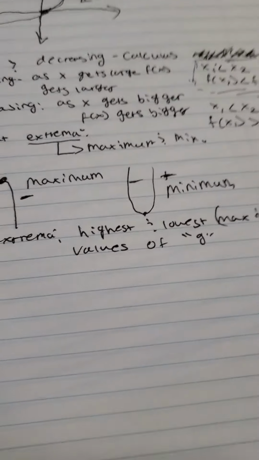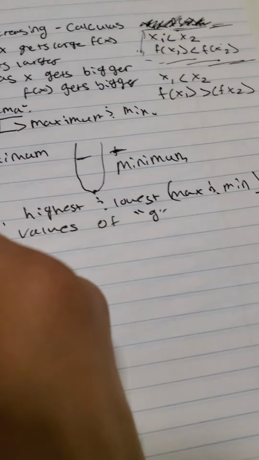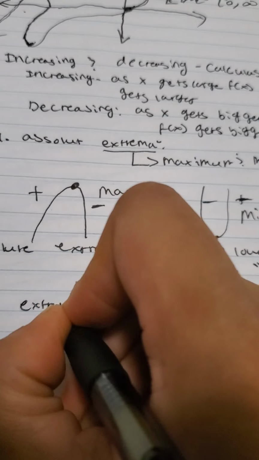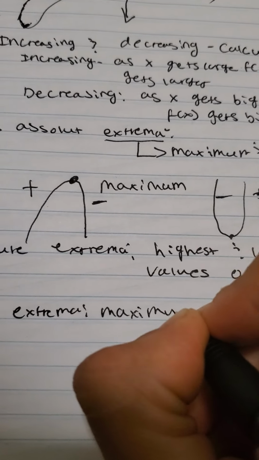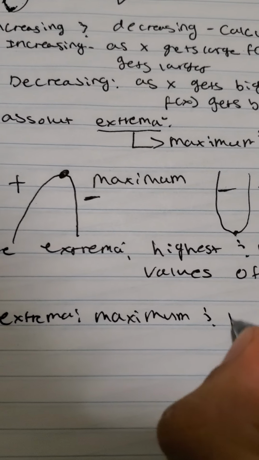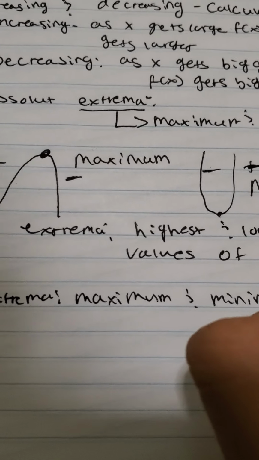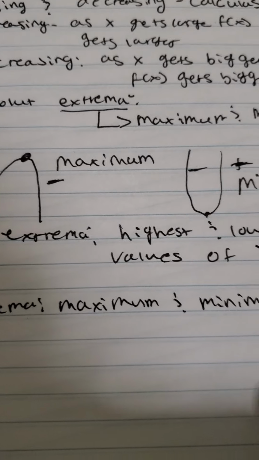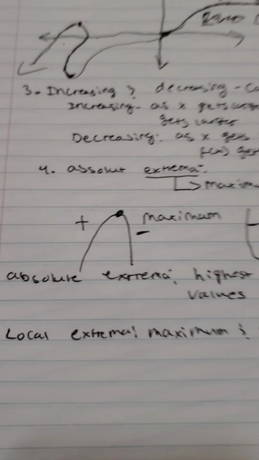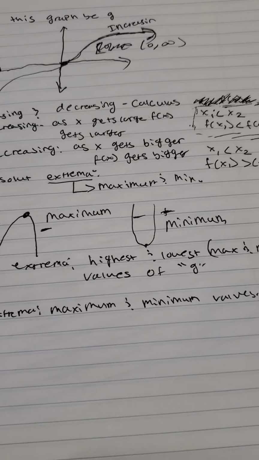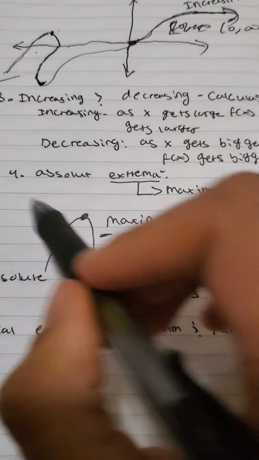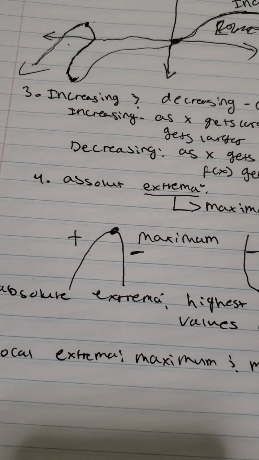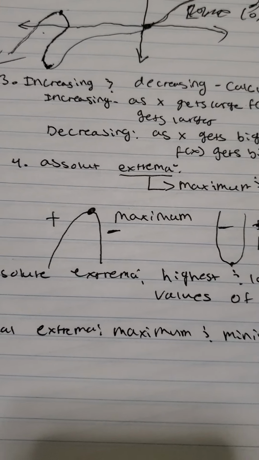And a local, so for every other extrema, are maximum and minimum values. Meaning pretty much, all of the extrema in a function.